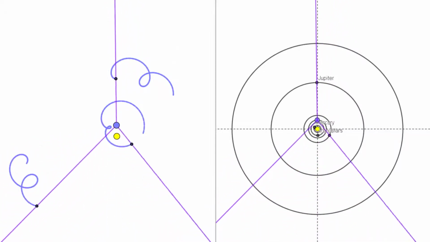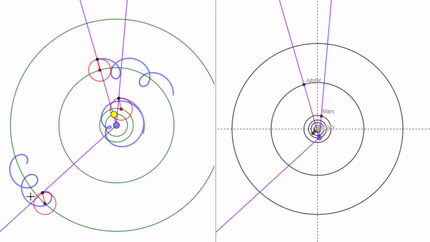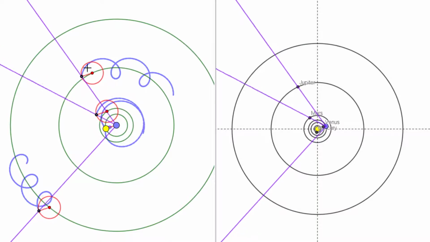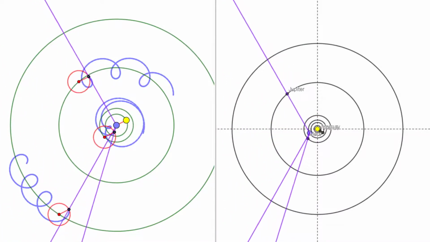And let's add in the epicycles. So if I look at the epicycles for the outer planets, we can start to see that there's a little bit of interesting regularity. This isn't quite the way Ptolemy arranged things. He had things spaced out a lot further, because here, notice the epicycle for Mars.